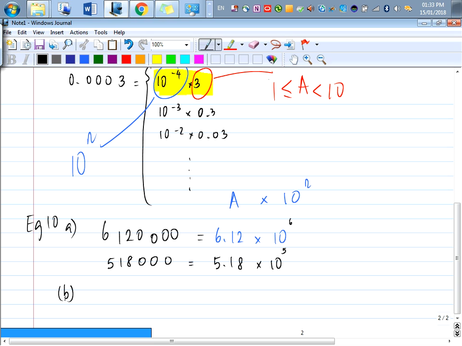Part B is slightly different. It is now a very small number: 0.000840. Before you continue on, let's take a closer look at this number over here. Is there a need to write down this 0?